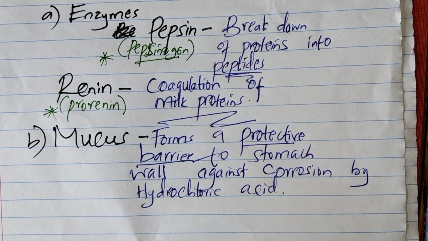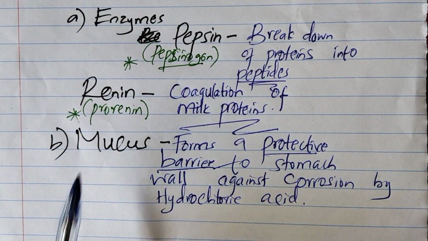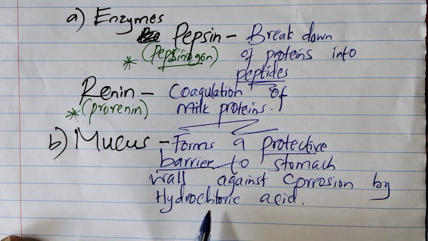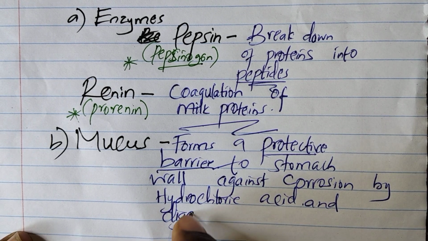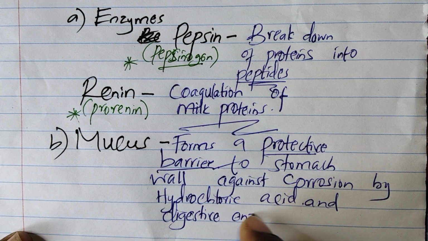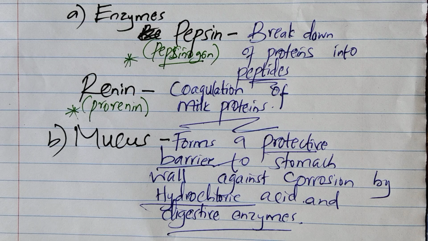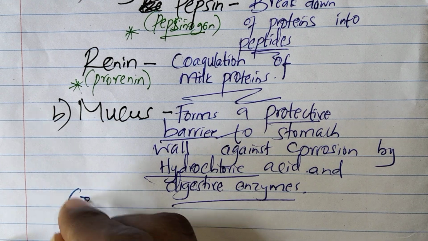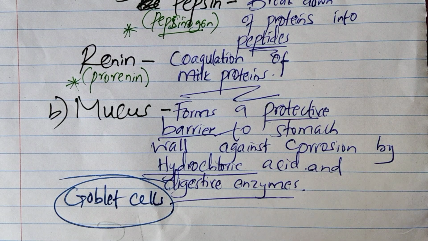Remember, there is also hydrochloric acid that can easily corrode or digest or break down the stomach walls. So the mucus protects the stomach walls from being digested by digestive enzymes and HCl. The mucus is produced by a very important gland that has cells we call the goblet cells. These are the cells that produce mucus.